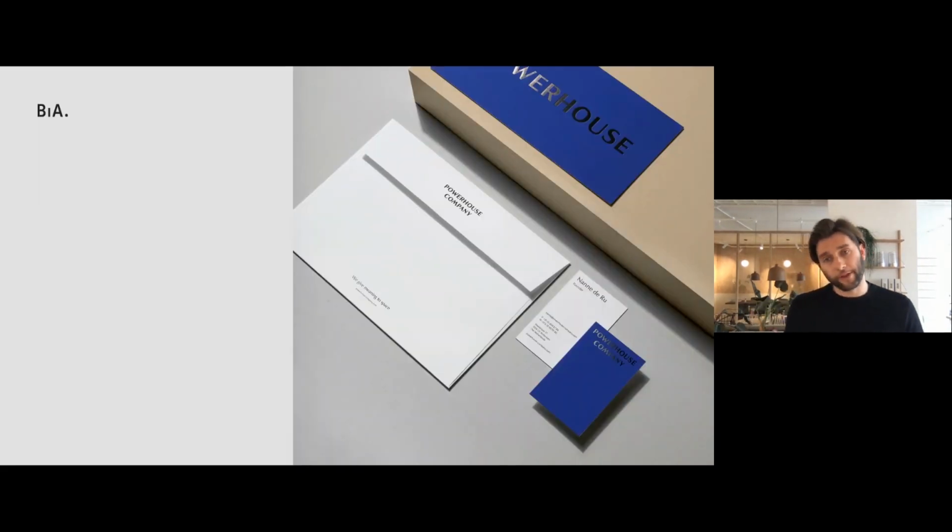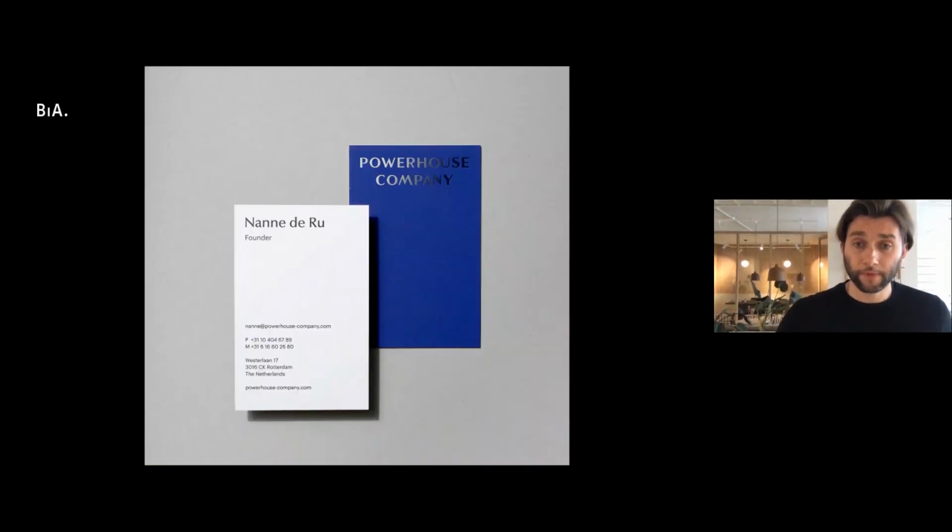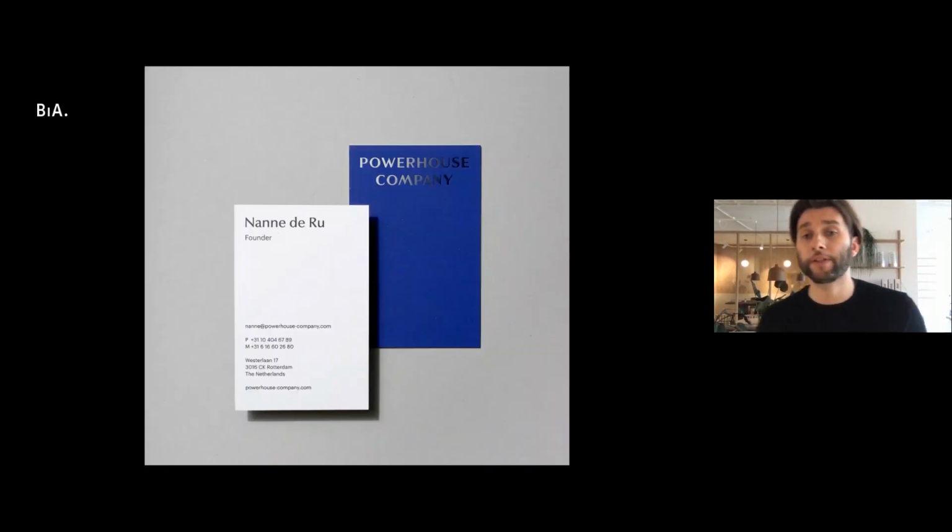We made everything for them, like letterhead, business card, thank you card, you name it. As you can see here, you can already see a bit that we really try to work with giving meaning to space. We actually give meaning to the space by removing a lot and just keeping a lot of white space.